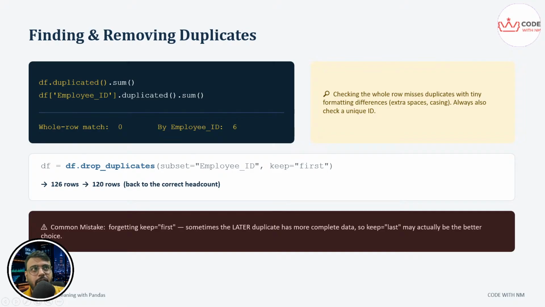Let's take a real-world example if you didn't get the explanation. Okay, two entries: there is a person named John and we have two entries for John, and one has slightly different spacing or a retyped city name, but they are still the same employee entered twice. So checking the whole row for an exact match, we could miss this.